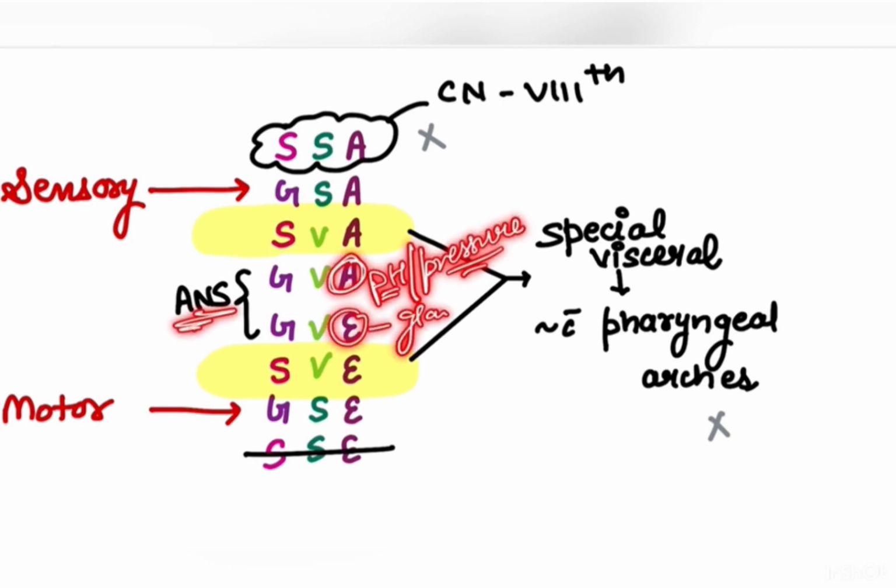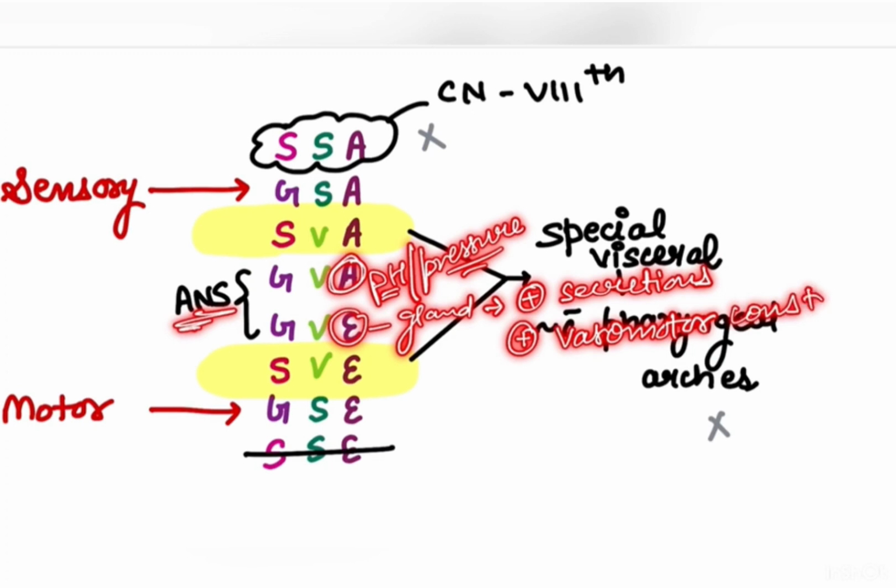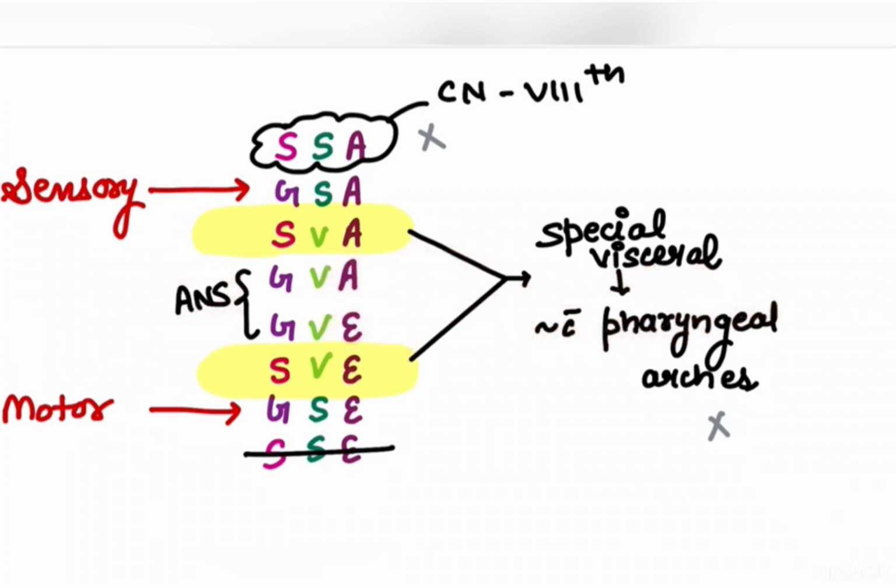And efferent components are like glands, where there is stimulation and they release secretions, or in the case of vasomotor constriction. These are the efferents of the autonomic nervous system mediated by various receptors, right? So we are clear with the special visceral and the general visceral component.